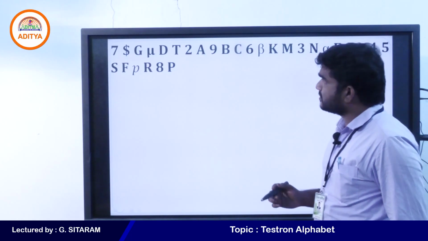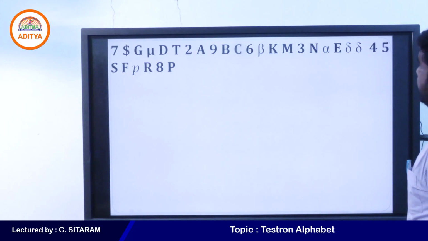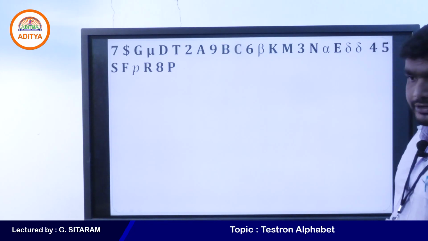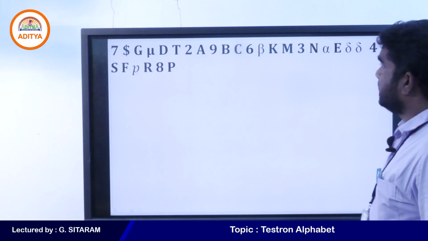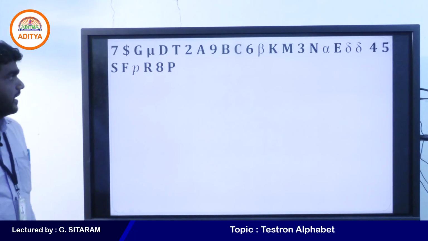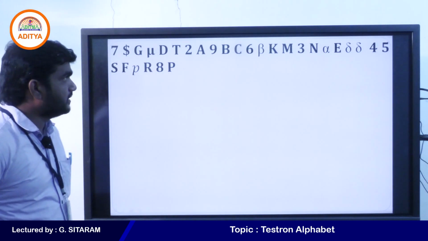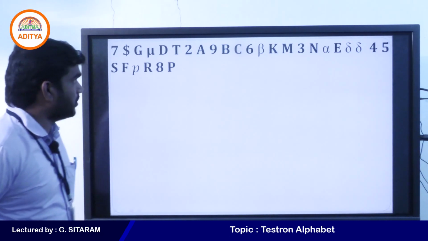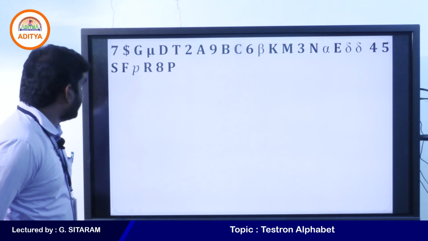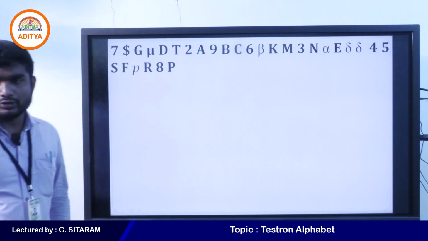A sequence of numbers, letters and symbols is given there: $ 7 mu DT2A 9BC 6 beta KM3N alpha E, and then dollar symbols, 4 5 SF PR8P. Those are the sequence.